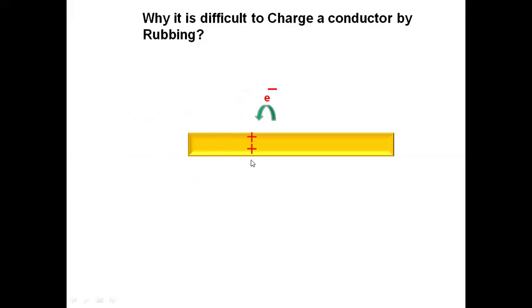And see that this charge is moving from atom to atom. When a certain atom becomes positively charged, the electrons from the neighboring atom come and make it neutral, causing the neighboring atom to be positively charged. This is how the positive charge shifts from one end to the other end, and it can be made neutral by taking electrons from the surroundings or from the earth.